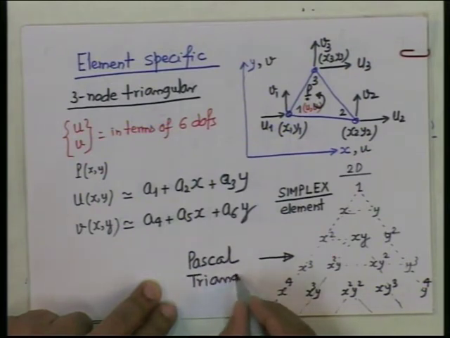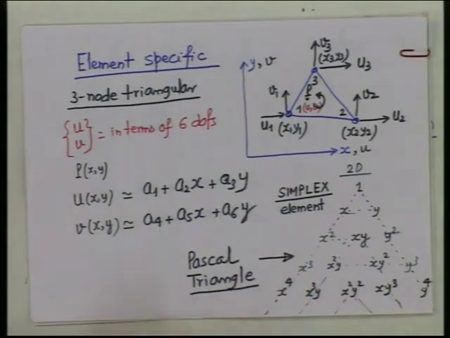It helps you to choose proper terms in a 2-dimensional and 3-dimensional polynomial function, so that you do not miss out any term. Otherwise, if you do not use this, you are likely to miss some term, but this tells you exactly.